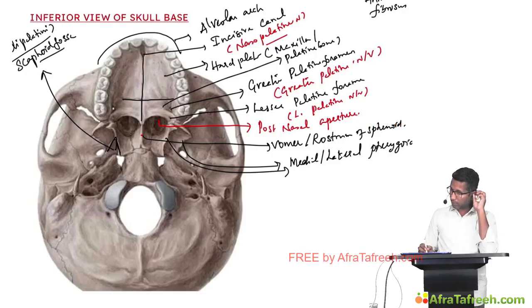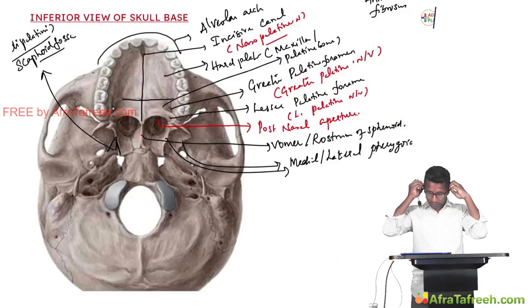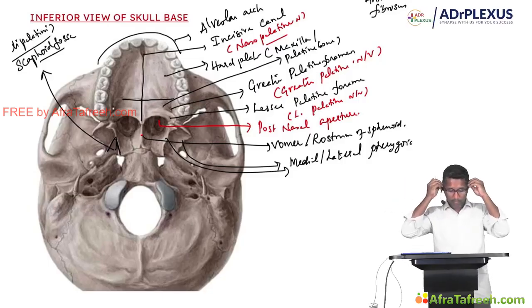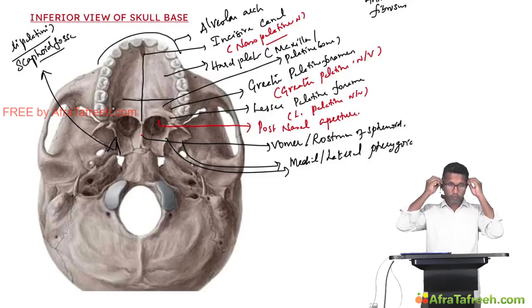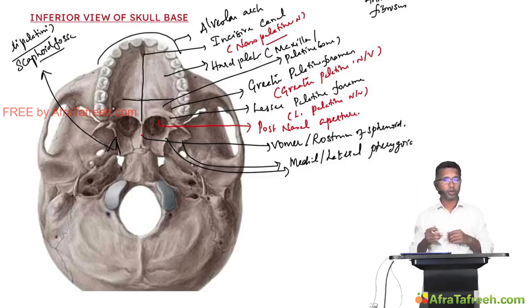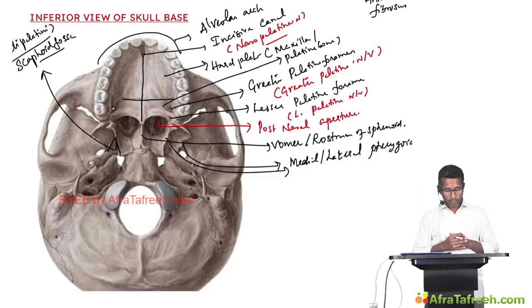Tensor veli palatini is a muscle of the soft palate. So this tensor veli palatini arises from the scaphoid fossa here.